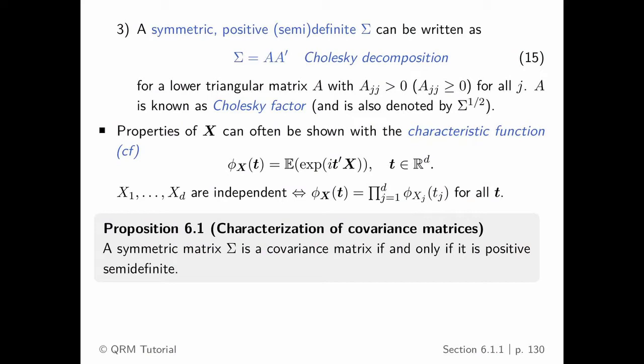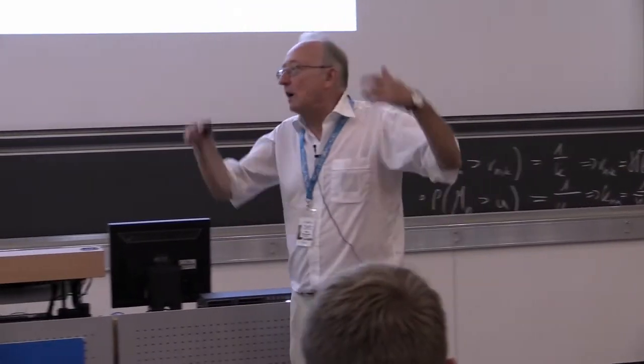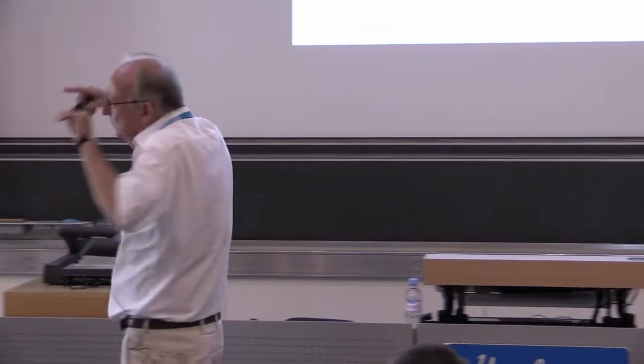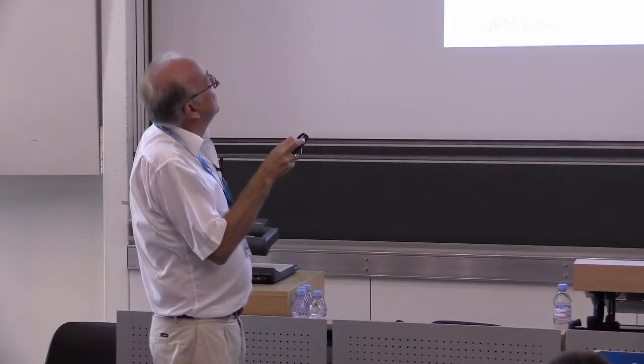The Cholesky decomposition is a very powerful numerical result you may have seen in your high school days for solving Gauss equations or for solving numerical equations with matrices. It's a decomposition. It's somehow like taking the root. You have a semi-definite matrix sigma.